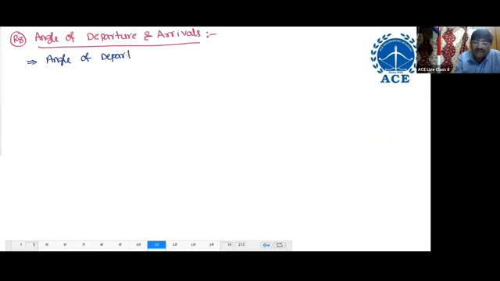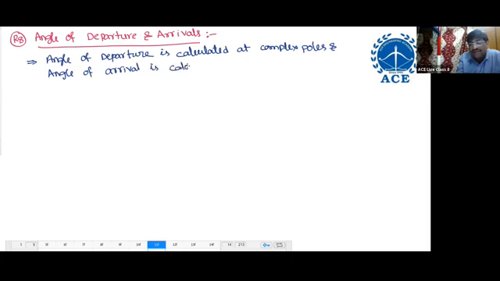Angle of departure is calculated at complex poles.